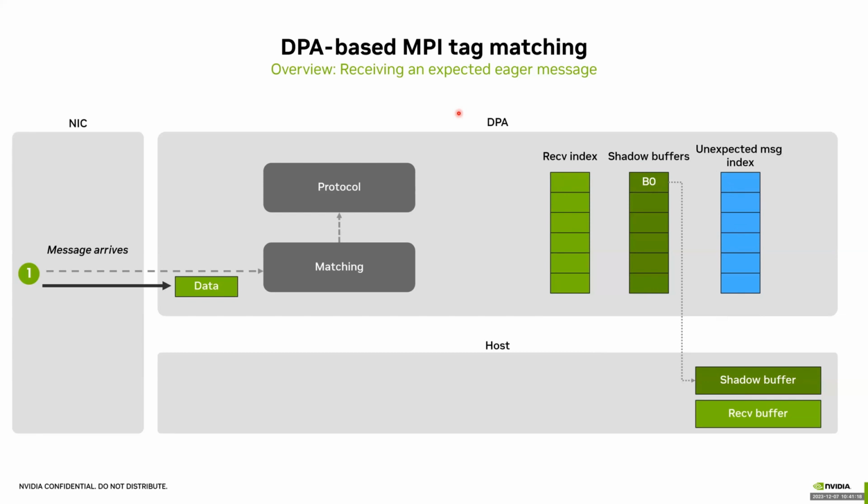And then we pass the ball to the protocol, which will implement, in this case, eager, which consists in copying the data to the receive buffer. And the receive buffer was specified here, in this receive. So this is really high level. What we will see next is how we actually implement these indexes, the real data structures behind those, and how we implement the matching phase.